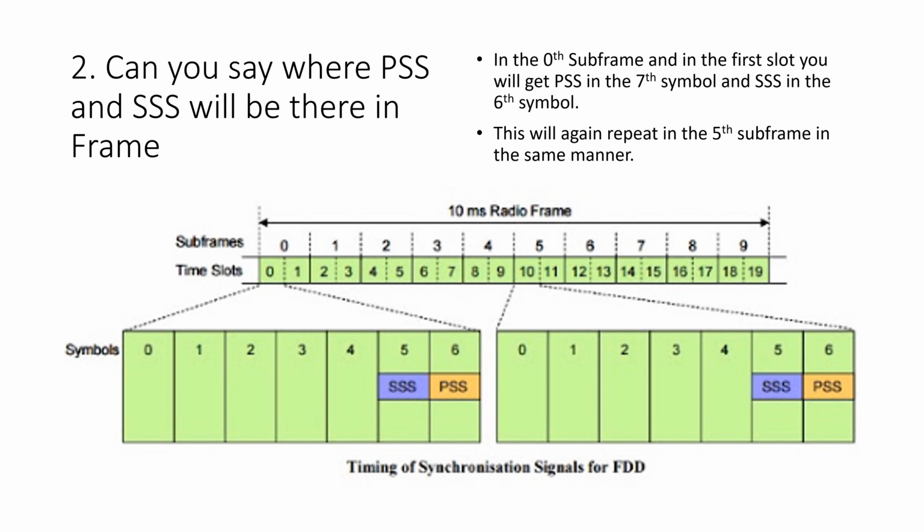Similarly, the same information you will see in the 10th slot number. Again, PSS is on the last symbol of the first slot, and SSS is on the second last symbol. So this is your simple FDD frame structure, and where your PSS and SSS will be.